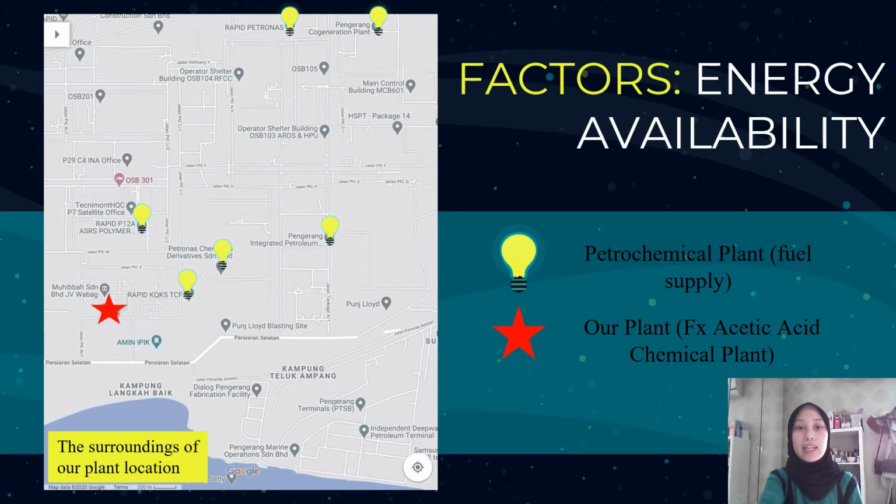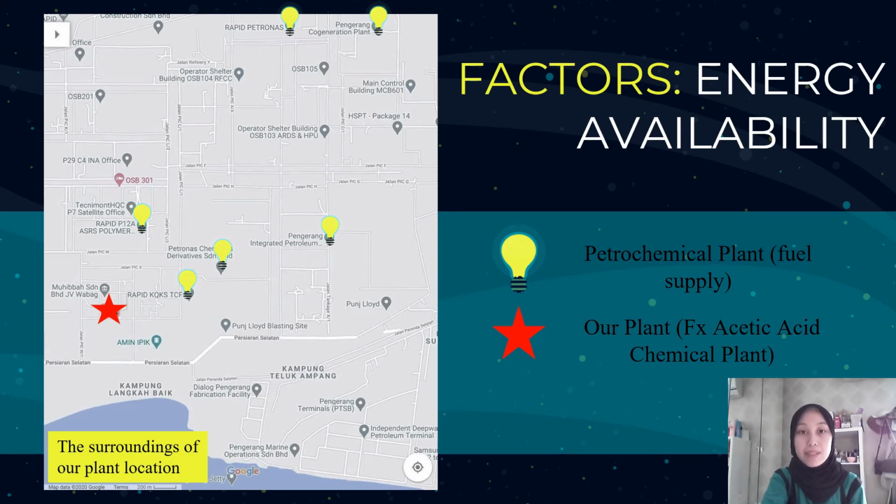As we all know, in every plant, power and steam requirements are crucial to ensure the production process runs smoothly and achieves the company's production capacity. Other than that, fuel also plays an important role as an energy source, equally important to supply all the utilities.